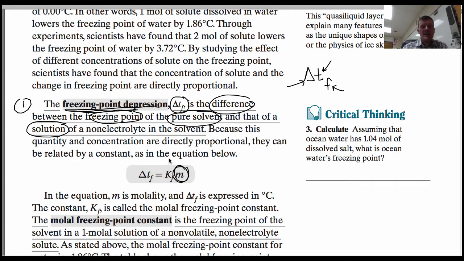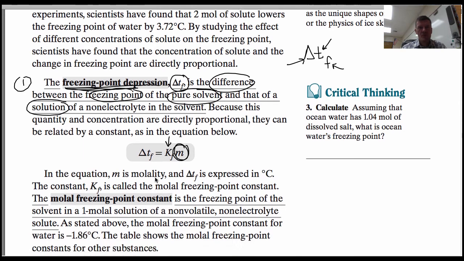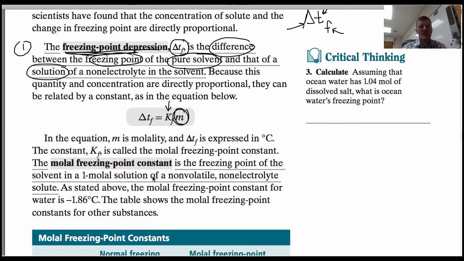And this K right here is just a constant so that you can equate the two sides. So it's a real simple formula. All we say is the amount that the freezing point goes down by, that's delta T right here, is equal to this constant, and every solvent is going to have its own constant, times the molal, the concentration of the solute that you have in there.